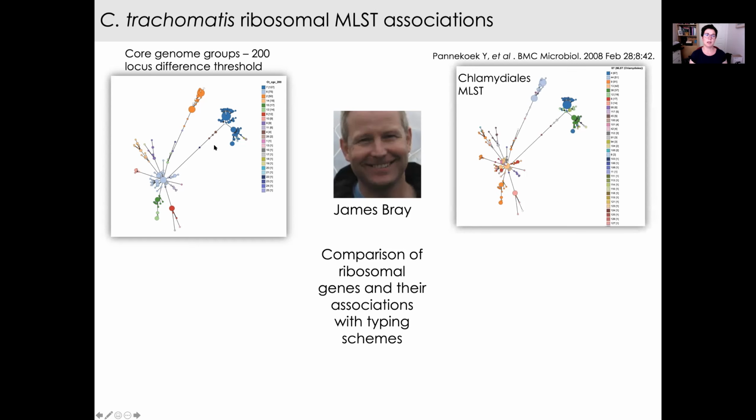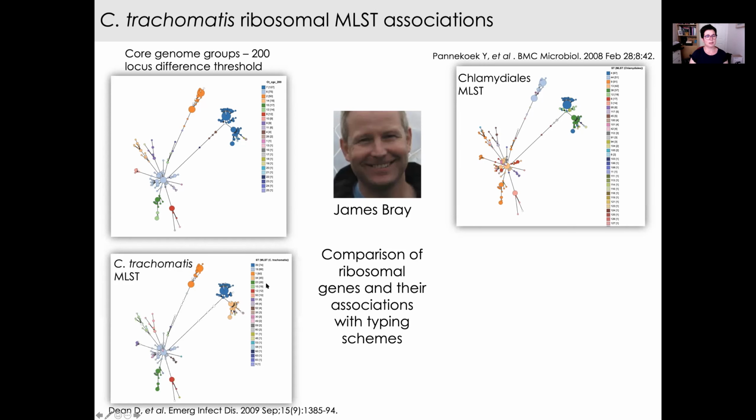This same tree, this is a minimum spanning tree, by the way. The same tree I've labeled using the Chlamydialis MLST scheme, which was developed by Yvonne. You can see some degree of congruence, however, this orange MLST scheme is more widely distributed. I've also labelled this same tree using the Chlamydia trachomatis MLST scheme developed by Deborah Dean.